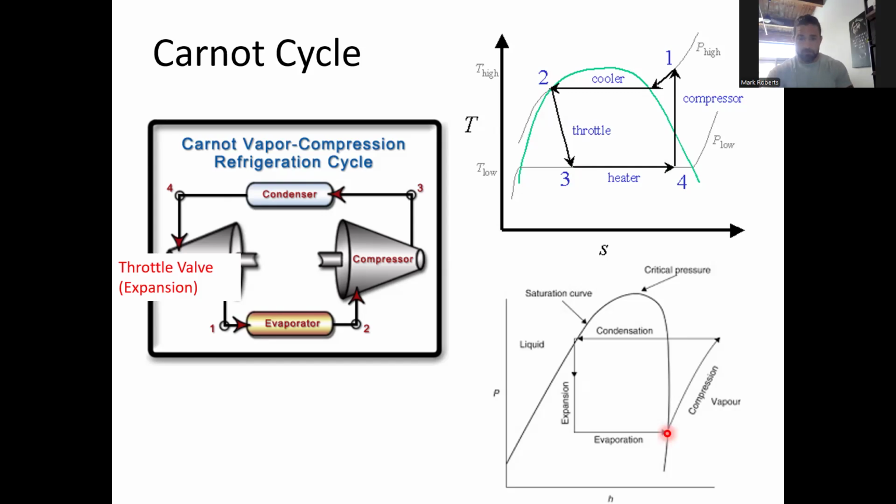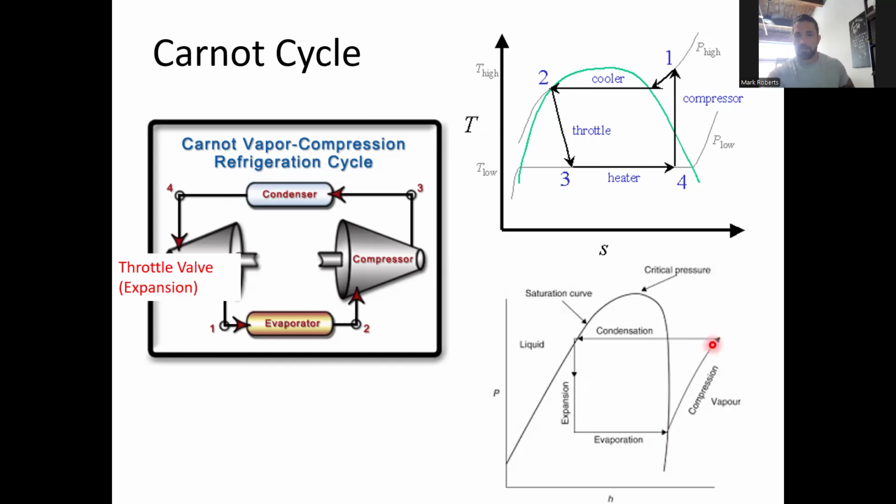Again, on the compressor, what do we have going in the compressor? We have a constant entropy. So what we can do is, starting from a saturated vapor on a pH diagram, we can follow the constant entropy lines until we get to the temperature that we compress the gas to, or the pressure.